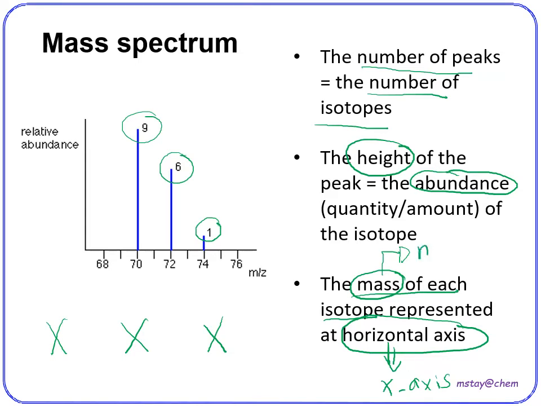So that means 70, 72, and 74 are the mass numbers for this element X. So I will put the numbers 70, 72, and 74 at the top left corner.